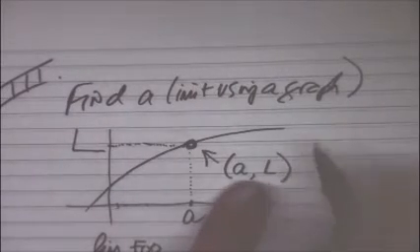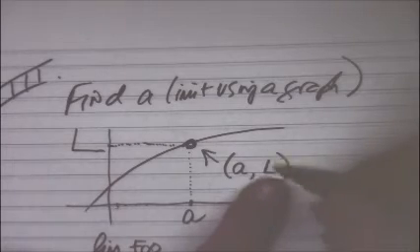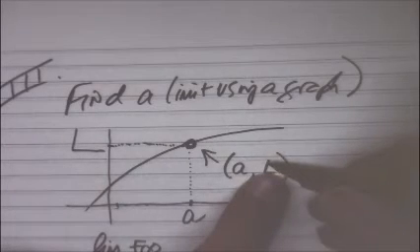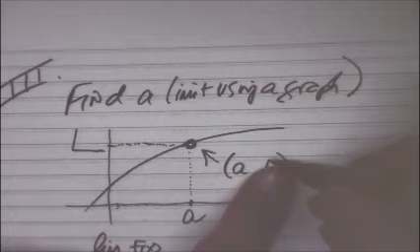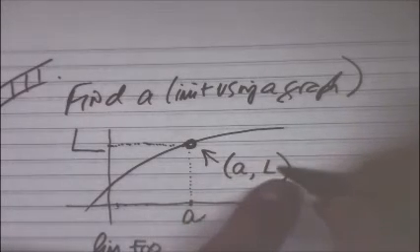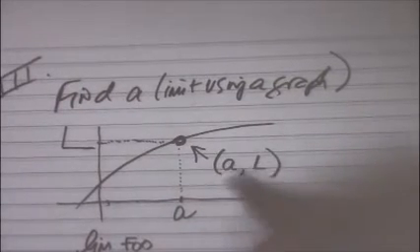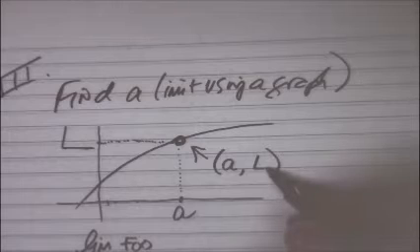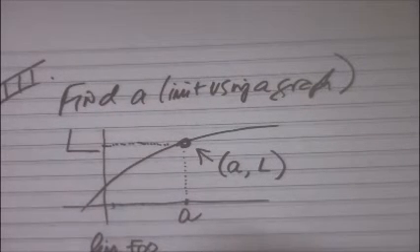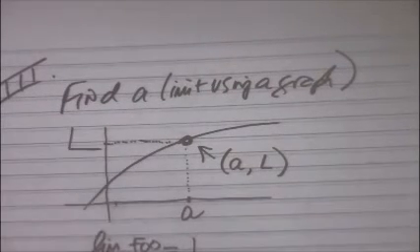That makes sense because remember way back when you were taught that the y value, the f of x, is a dependent variable and it depends on this. So this forces that. We don't usually write it that way. Normally we write the limit of f of x as x approaches a is equal to L. That's usually how we write it.